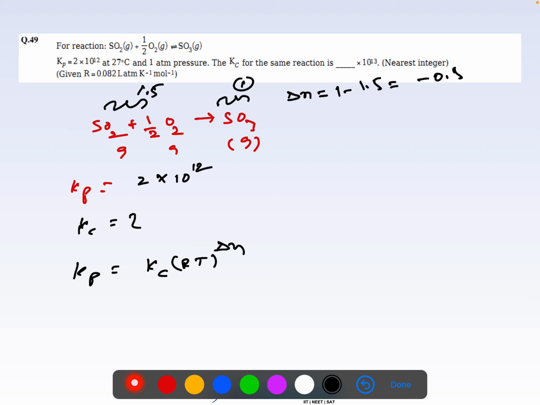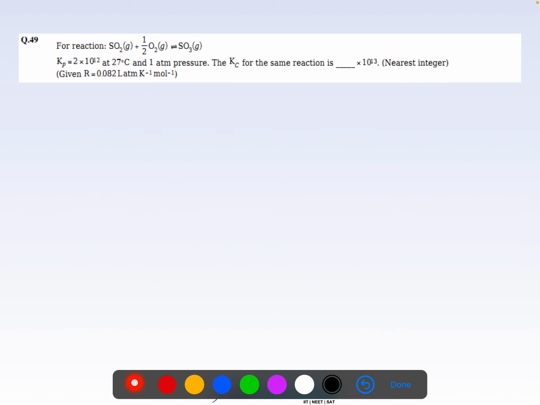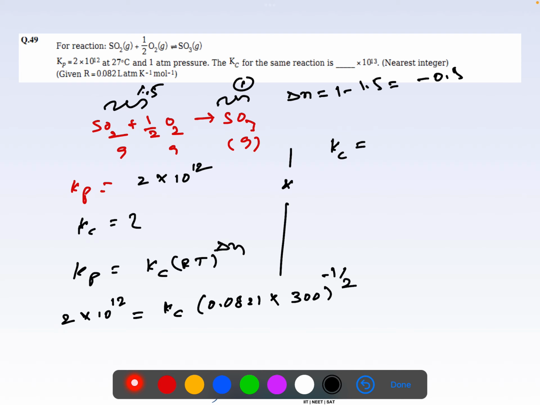So now 2 into 10 to the power 12 is equal to Kc into 0.0821 into 300 to the power minus half. If you solve this, Kc will be 1 into 10 to the power 13. So the final answer will be 1.